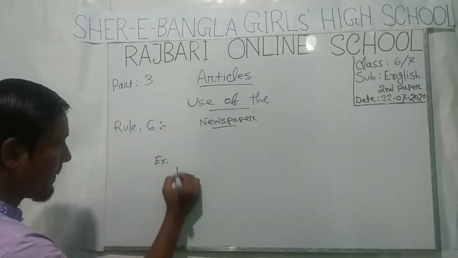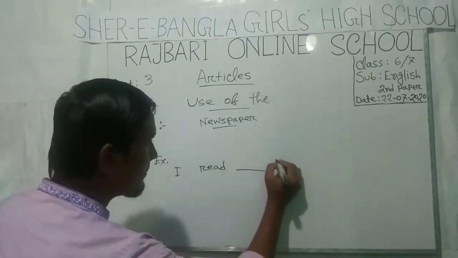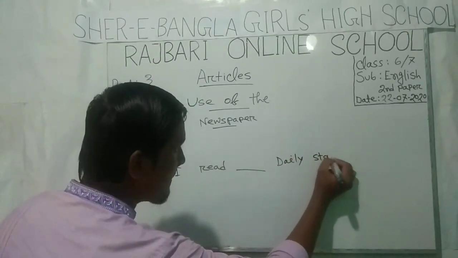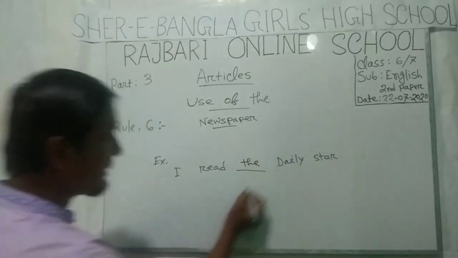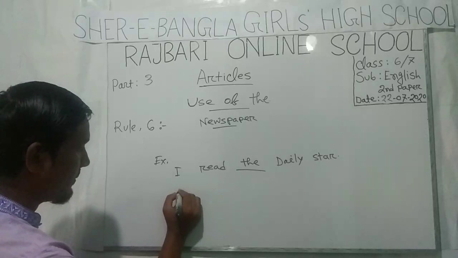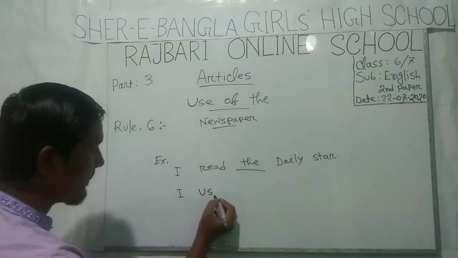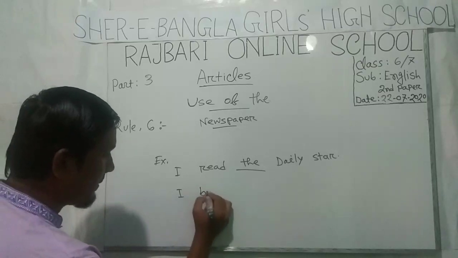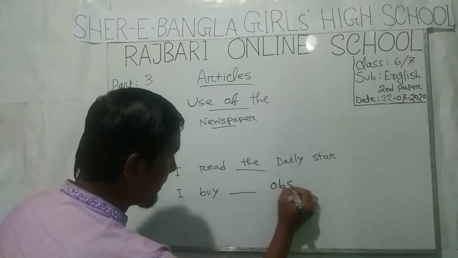For example, I read dash Daily Star. This is the name of a newspaper, and for this reason you have to use the article "the". I read the Daily Star. I buy dash Observer.